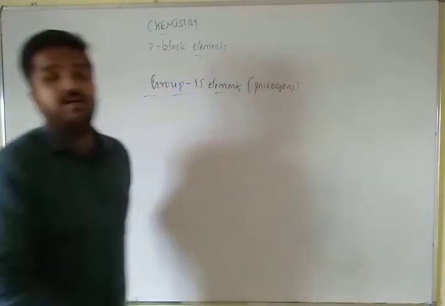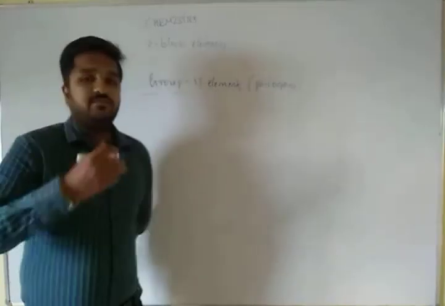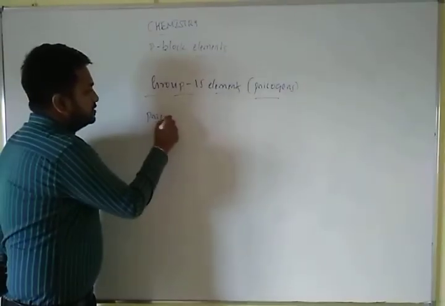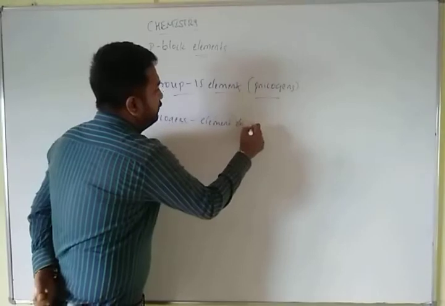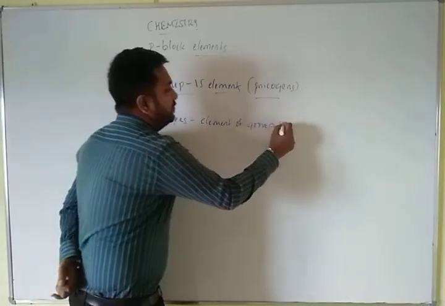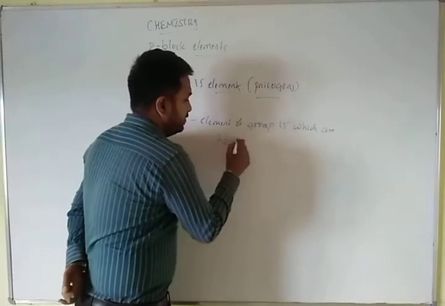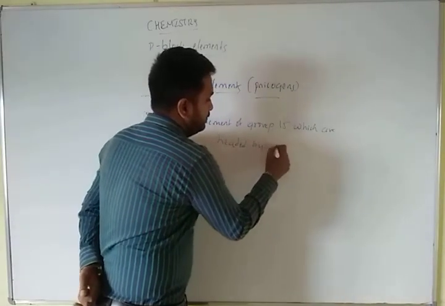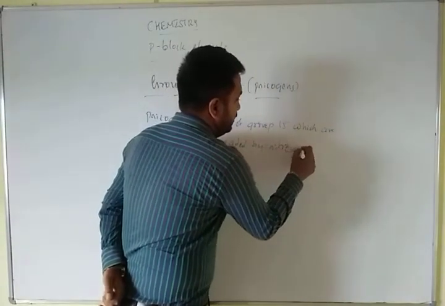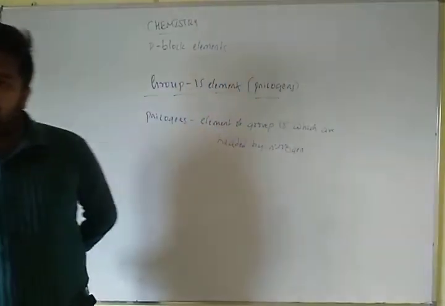P is silent here. Why is it? Because the elements which are headed by nitrogen, we call them pnictogens here. So pnictogens are the elements of group 15 which are headed by nitrogen.